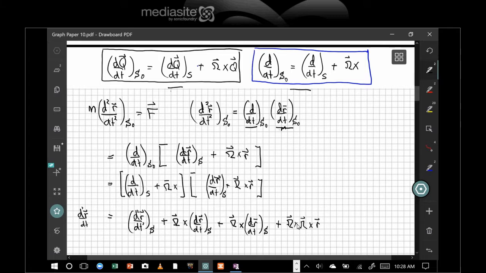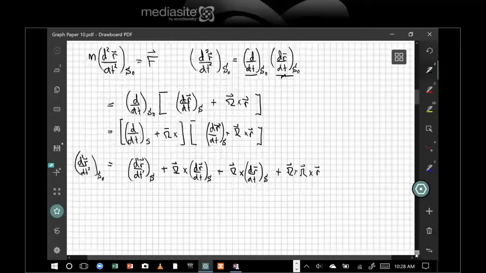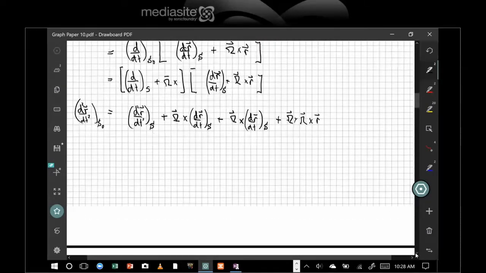Now when I do that, you have to think, does omega change with time? Well, we're assuming that omega doesn't change with time, so it's a constant. So then I'm just going to operate this on that. Well, that's just dr/dt. So then I can write that as omega cross dr/dt.